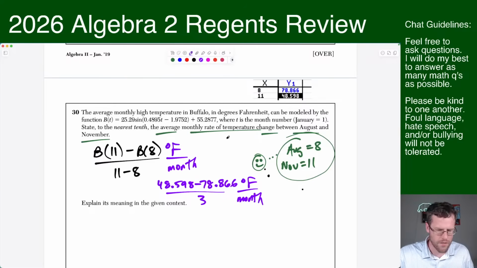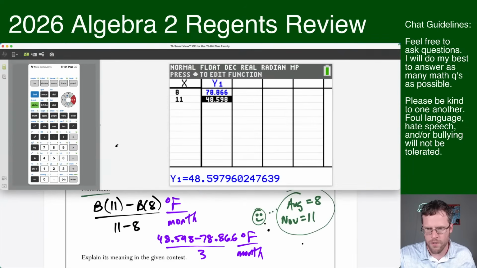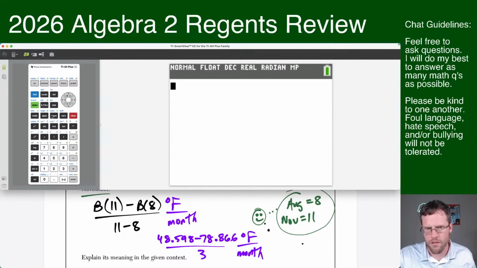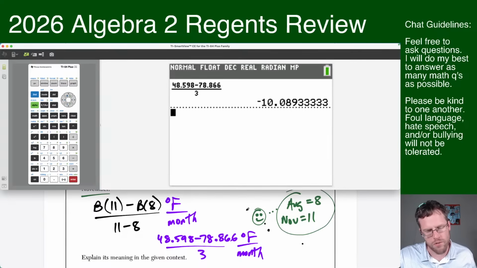So if I get rid of this, and then I just type in, then I'll show you another way to do this that I think is even cooler. So we've got 48.598. Here, alpha x to make a fraction. 48.598 minus 78.866 divided by 3. You get negative 10.1, which is our answer.